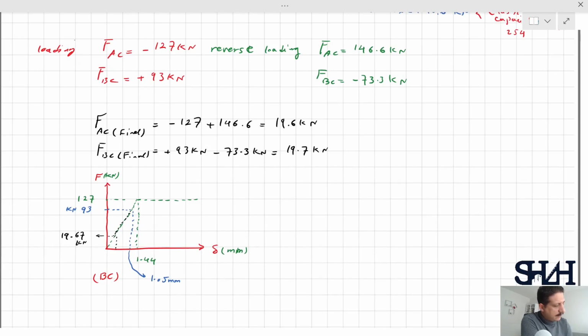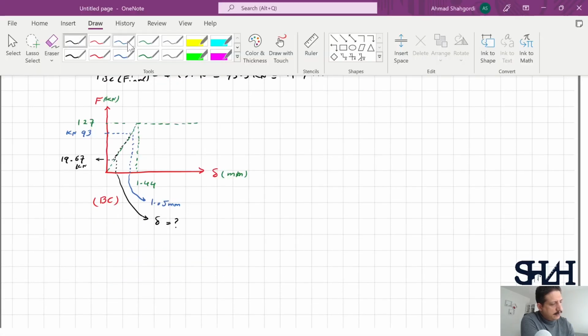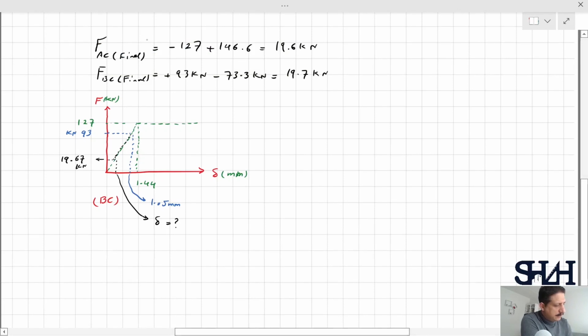To be exact, 67 kilonewton. And now we want to calculate what is the deformation here. We can write the trigonometry relation. 127 kilonewton divided by 1.44 millimeter should be the same as 19.67 kilonewton divided by delta final.